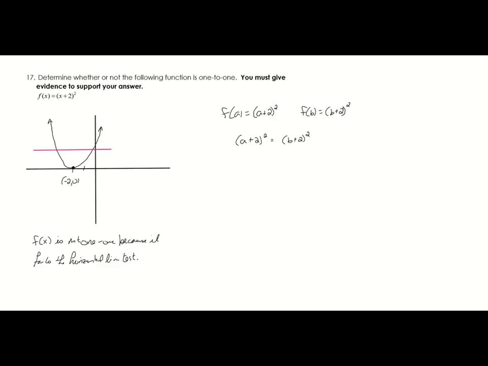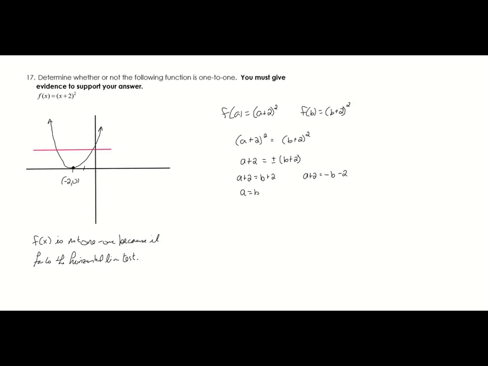Now let's solve for a. So we need to take the square root. So that means that a plus 2 is equal to plus or minus (b plus 2). So we now have 2 different equations to solve: a plus 2 equals b plus 2, and a plus 2 equals minus b minus 2. Solving the equation on the left for a gives us a equals b.